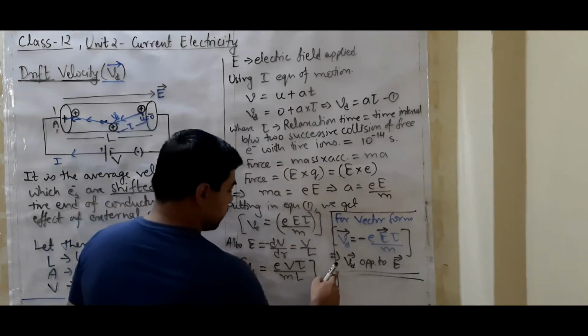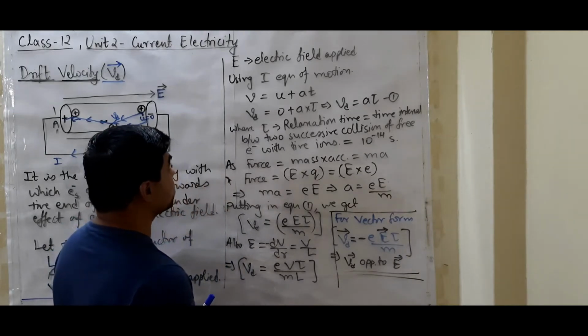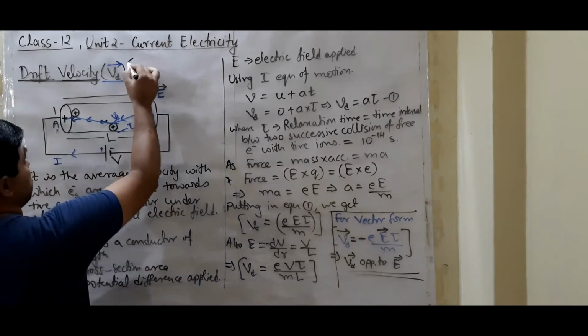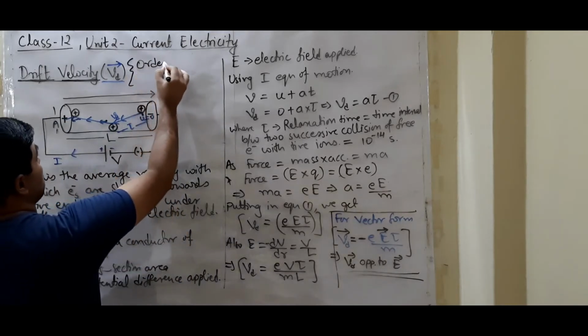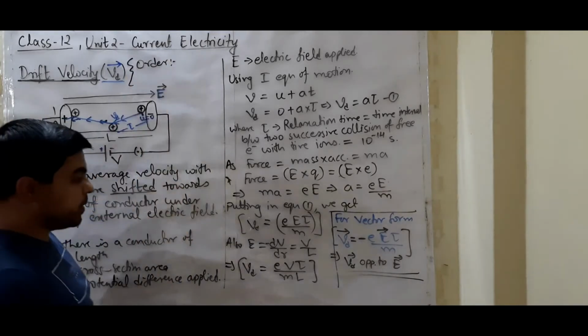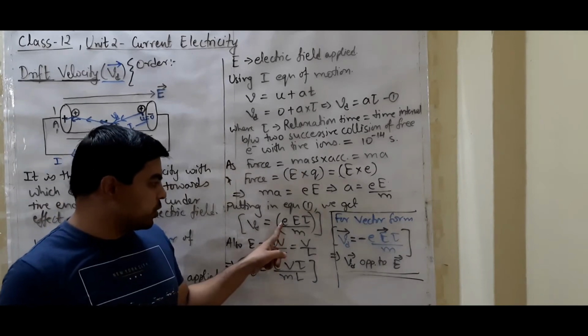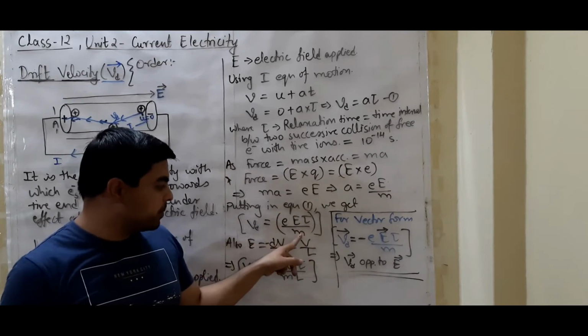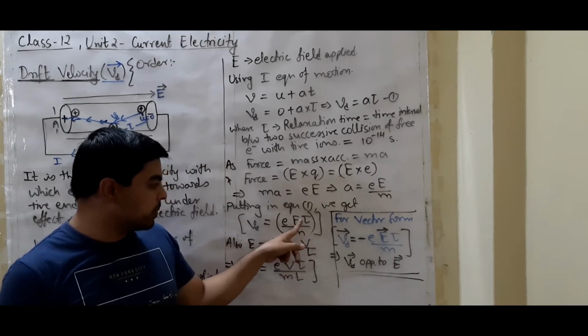One more important factor we need to represent here is the order. So here we can write the order of this expression. E is very small, tau is again very small, 10 to the power minus 14, and m is the mass of the electron. E is the applied electric field.